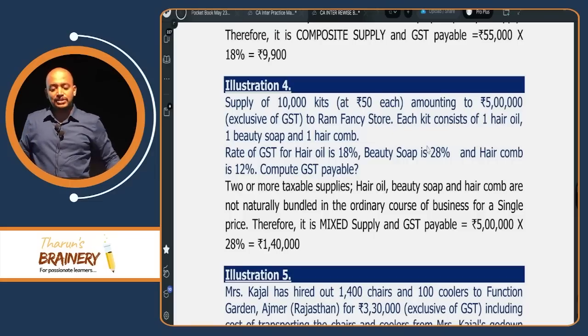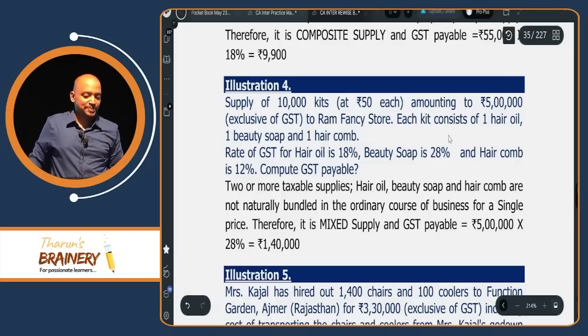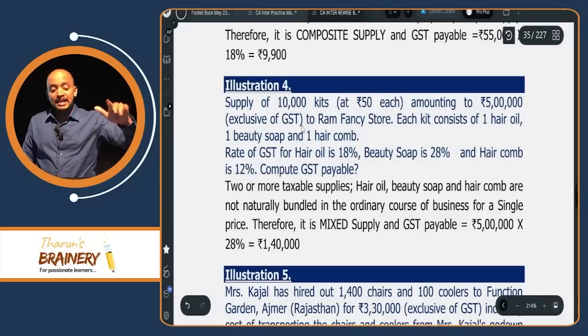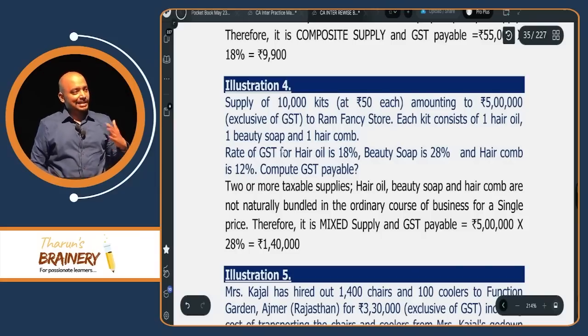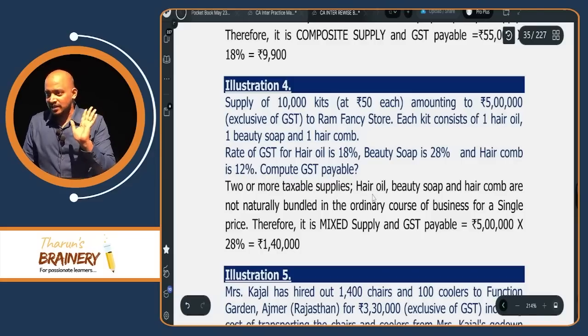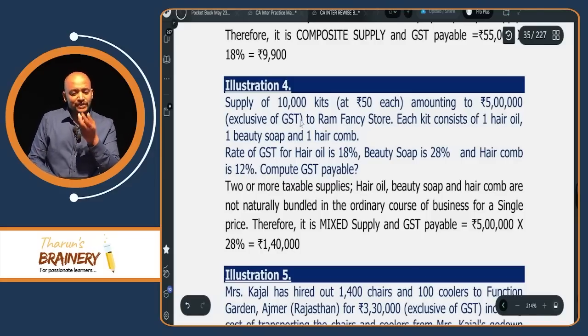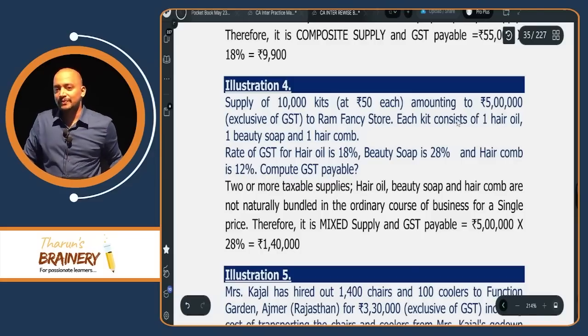So 5 lakhs into 28%, 1,40,000. If it is clearly given as exclusive of GST, we will take it as exclusive of GST. If this line is not given, then also we will take the assumption as exclusive of GST. If it is given as inclusive of GST, then we will take it as inclusive of GST.